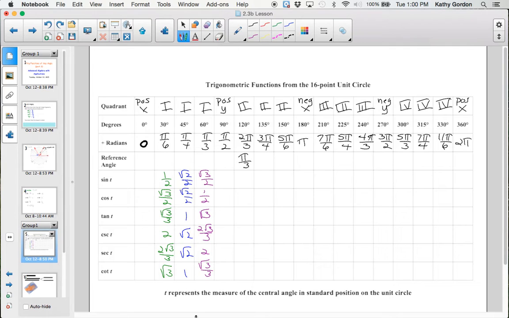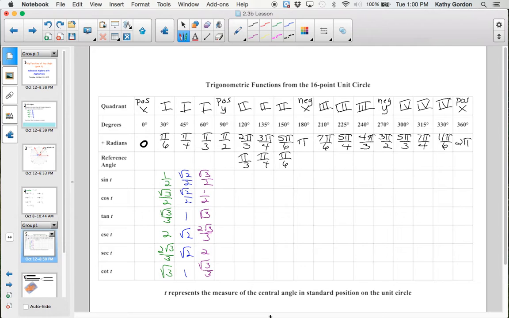Based on that connection, what would you guess the reference angle of 3 pi over 4 is? Pi over 4. What would you guess the reference angle of 5 pi over 6 is? Pi over 6. Isn't it a beautiful thing? It's one of the reasons why we use radians. Because whatever the denominator is on our angle, when we're talking about these special angles, the first quadrant angle with the same denominator becomes our reference angle.